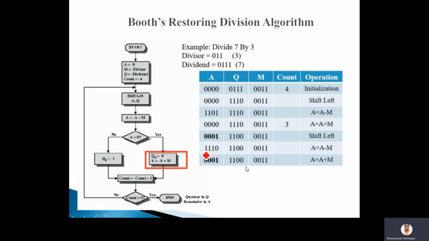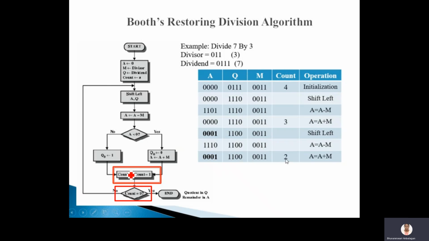So in the next step, since the sign bit of A is 1, it is going to be a negative number. What am I going to do? I am going to fix the value of Q0 as 0 and then A is equal to A plus M. I am going to add it and then decrement the value of count here, and the next cycle is going to start.